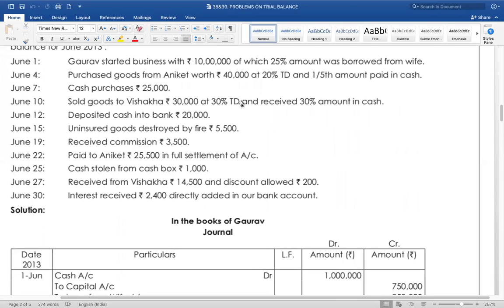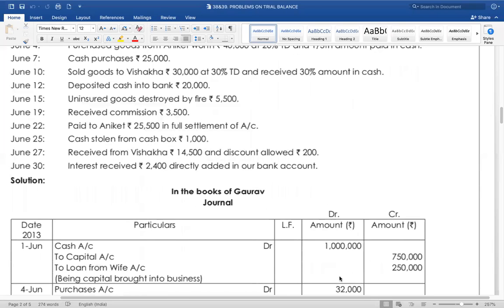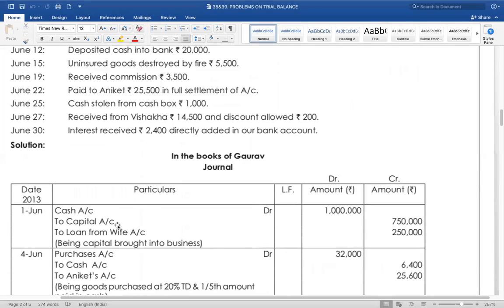The first transaction is on June 1st. Gaurav started business with 10 lakhs. Cash came into the company, cash account debit, 10 lakhs. Who has supplied? Partly supplied by his wife and the remaining by himself. Whatever he is contributing is capital, 7 lakhs 50,000.